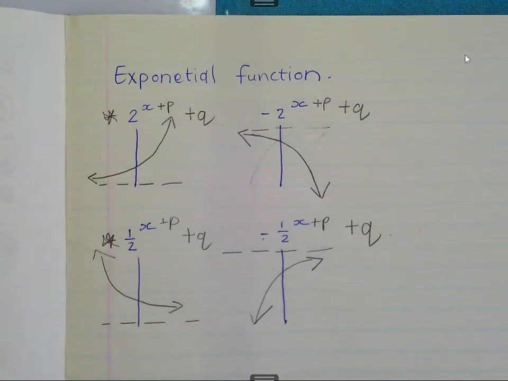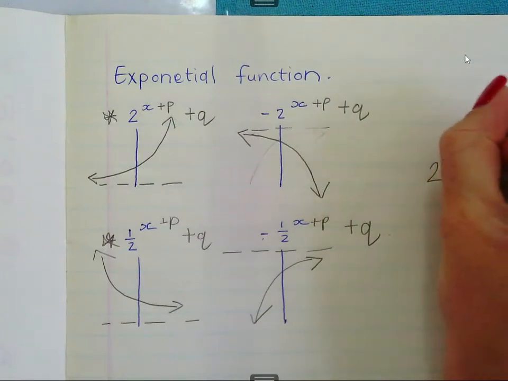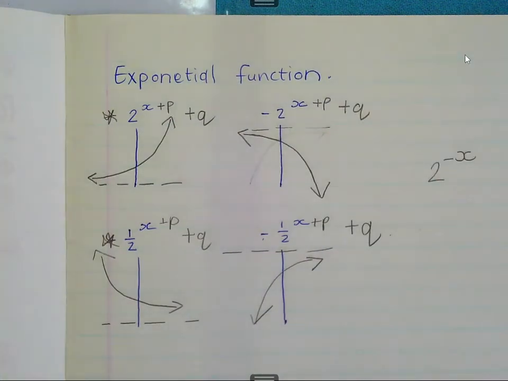Okay? If they give you the sum and it's 2 to the power of negative x, what is the base? 2. So what will this one shape look like? If you get a graph y equal to 2 to the power of negative x plus p plus q, what will it look like with your hands?